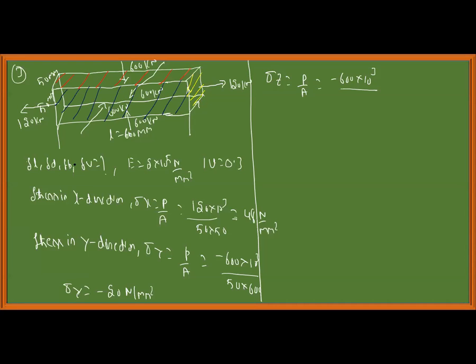The load is perpendicular to that area. The thickness is 50, length is 600. 50 into 600, which is equal to minus 20 Newton per mm square.